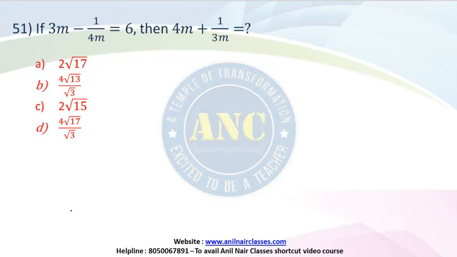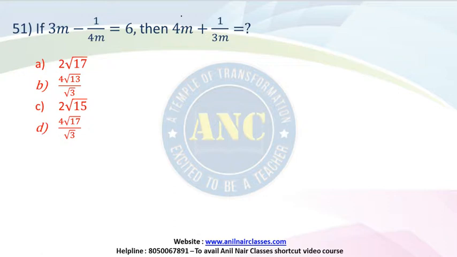Now please see question number 51. If 3m minus 1 divided by 4m is equal to 6, then 4m plus 1 divided by 3m is equal to how much? Now see here, what are they asking in the question?